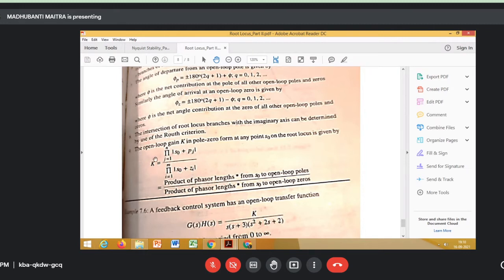Or we know that the value of gain k at a point S0 on the root locus will be the product of phasor lengths from S0 to open loop poles divided by the product of phasor lengths from S0 to open loop zeros. Clear?